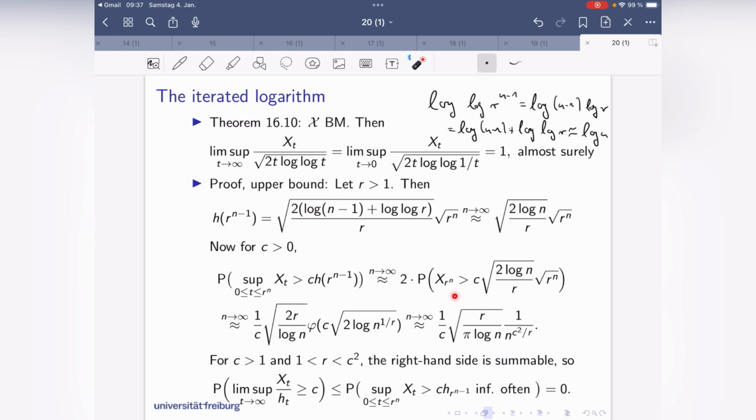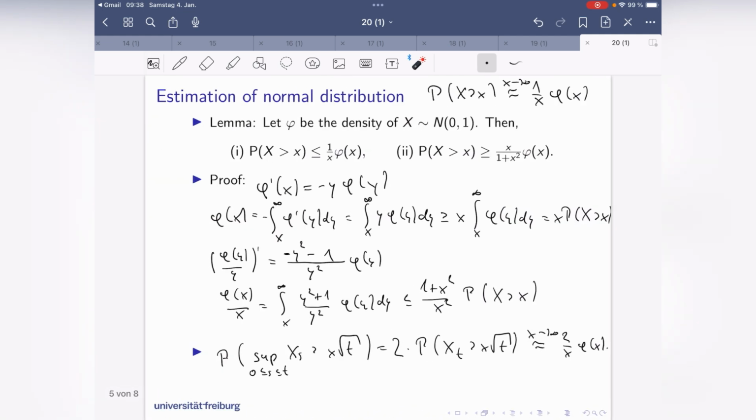So I have the equality here, where x at the time r to the power of n is bigger than what I had here. But what I had here is about the same as this, as we just showed. So I have this. And n is large, which means this here is a large thing. And we had the estimate, like here.